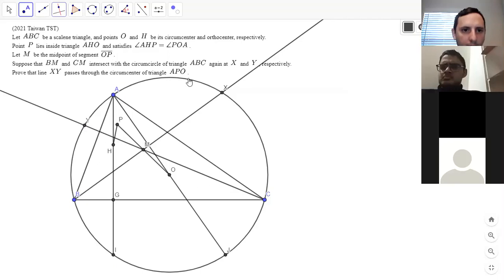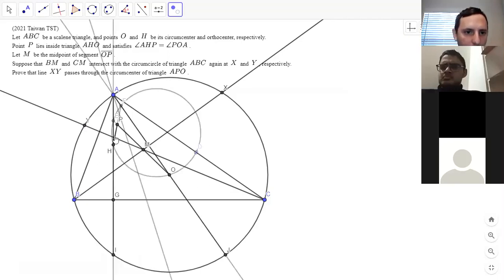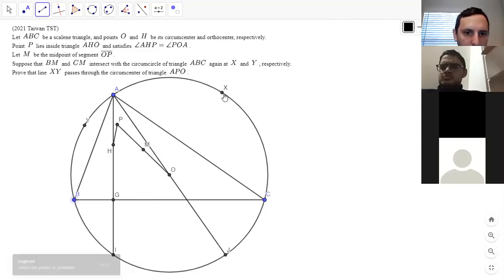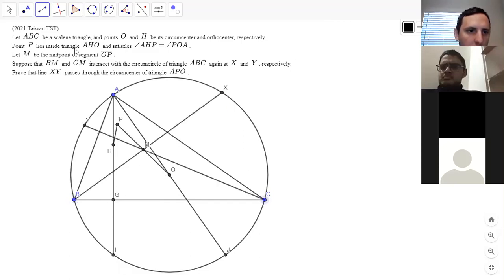We want to show that XY passes through the circumcenter of APO.